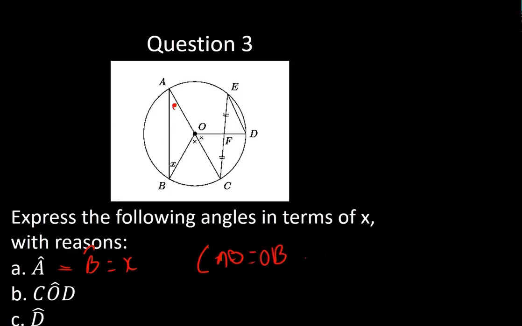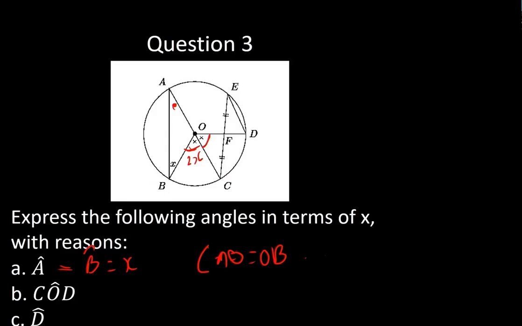Then we needed to find angle COD, which is the one at the center. There's more than one way to do this, guys. One way that you might see is the exterior angle of a triangle. BOC is going to be equal to 2x, because it's the exterior angle of triangle BAO, and therefore angle COD will also be 2x because it's equal to angle BOC.